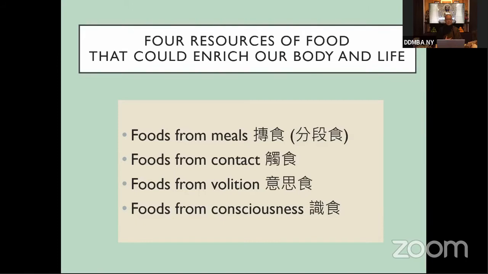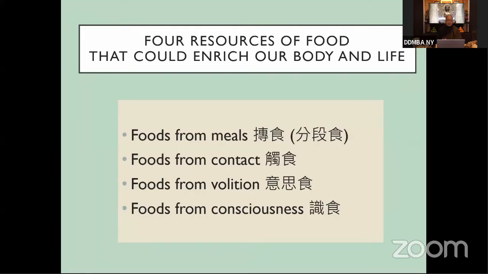But through the vow, the willpower that he wants to share the Dharma, when he gets on the stage, you find that he is shiny, healthy and energized, but actually he was very sick. So this is the food from the volition that can enrich our body's performance.